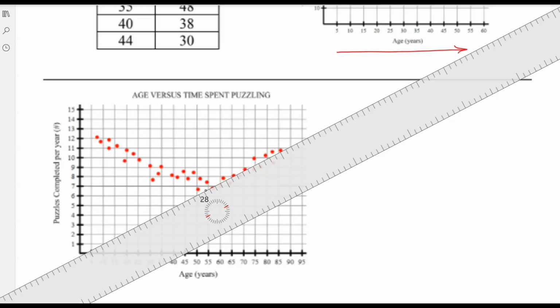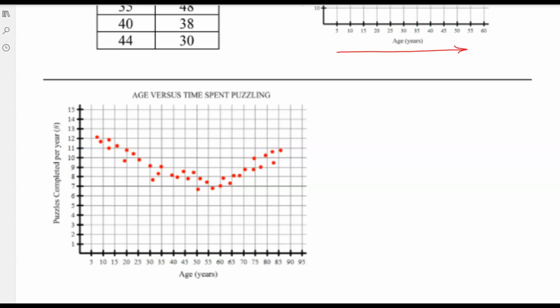So what we would have to draw to represent this data would be something more of a curve like this. Okay, so that's not going to be a best fit line. We would say that this is nonlinear, and we could get into specific types, but for right now we just want to talk about, is it linear or is it nonlinear? And this one is definitely nonlinear.